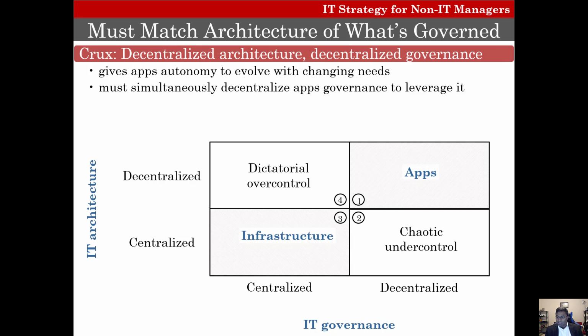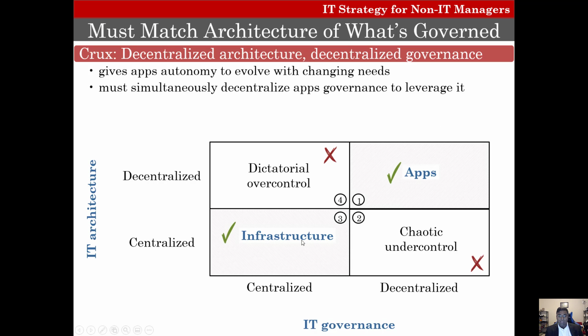We have IT architecture and IT governance. And when both are centralized, that's the infrastructure realm. And then when both are decentralized, that's the application realm. When you have centralized governance and decentralized architecture, that kind of gives IT overcontrol. And when you have decentralized governance and centralized architecture, that's chaotic and there's not much control.